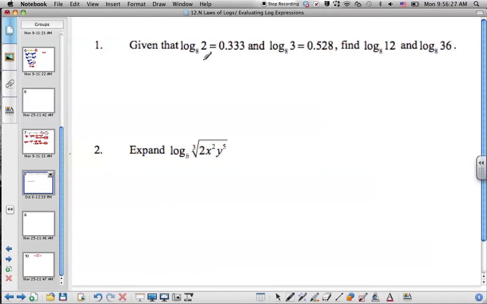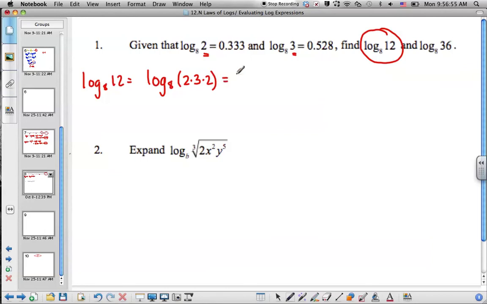Okay, let's try the next one. Given that log base 8 of 2 equals this value, and log base 8 of 3 equals this value, find log base 8 of 12. So we want to think about it in terms of 2 and 3. So I could say log base 8 of 12 is the same thing as log base 8 of 2 times 3, which gives me 6, times 2.